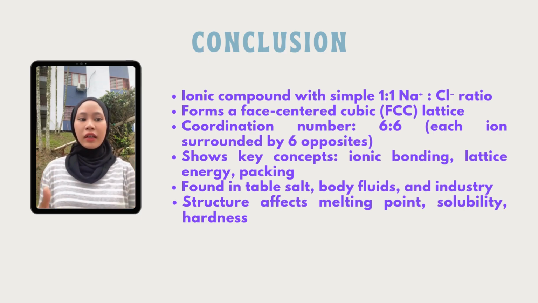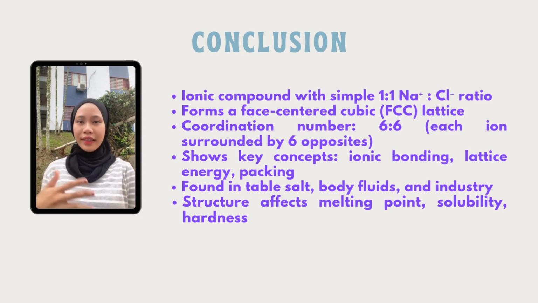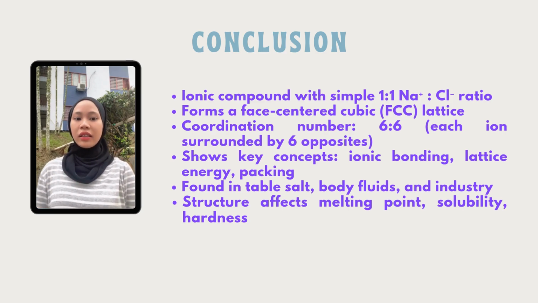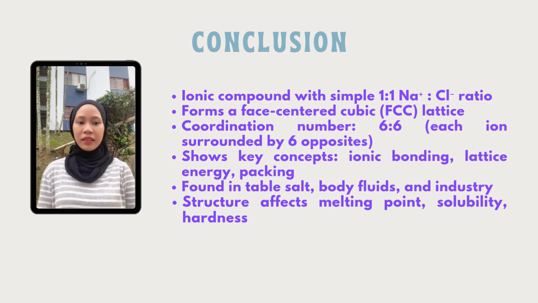It is relevant from our dinner table to critical roles in biology and chemical manufacturing. So understanding the crystal structure of sodium chloride not only helps our operation of the chemical, but also highlights how the atomic level arrangement determines the properties and use of the materials around us. Thank you.